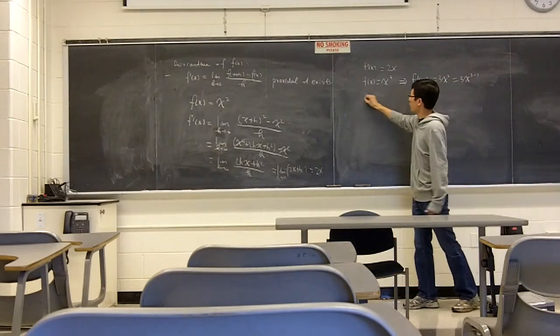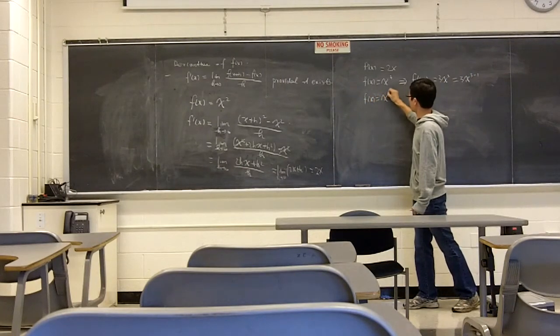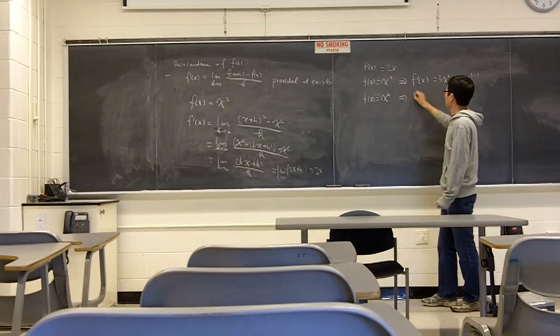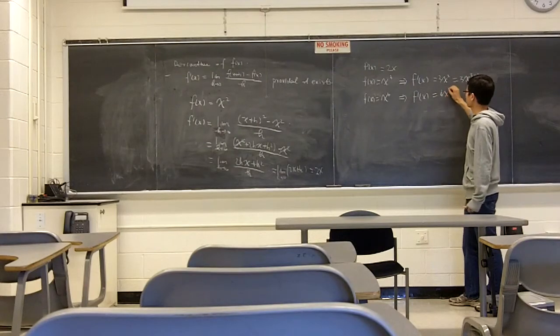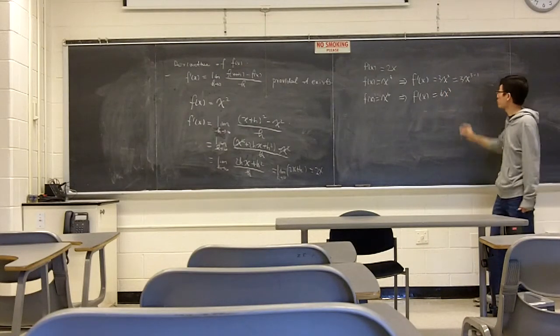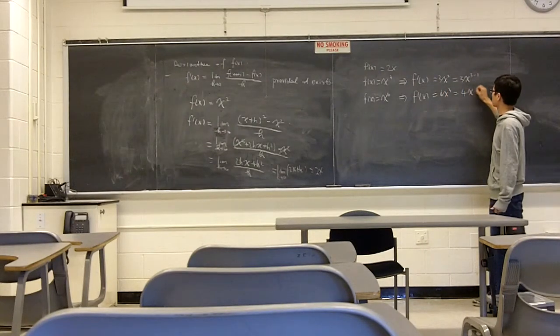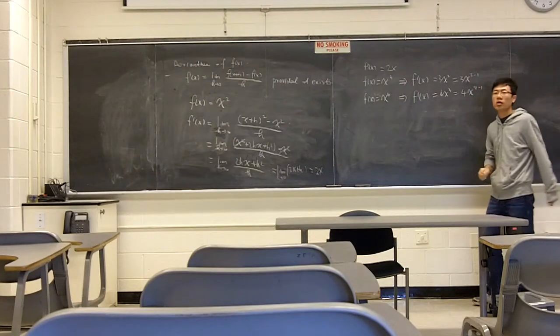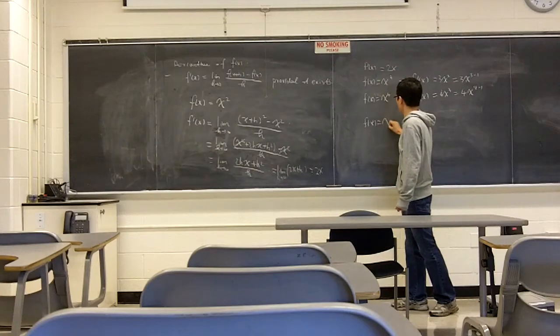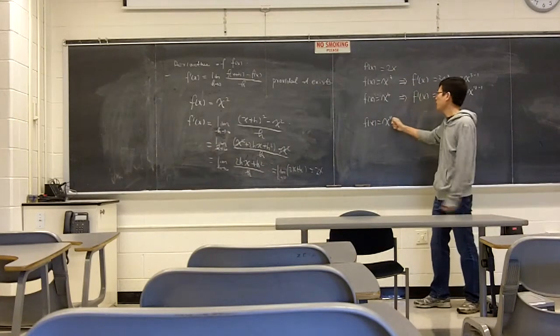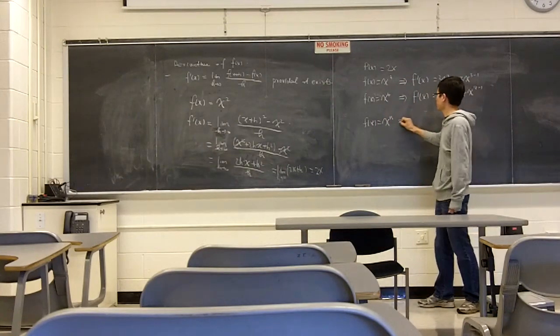So if f(x) is equal to x to the power 4, the derivative will be 4 x to the power 4 minus 1. So in general, if f(x) is equal to x to the power n, n is any natural number first.